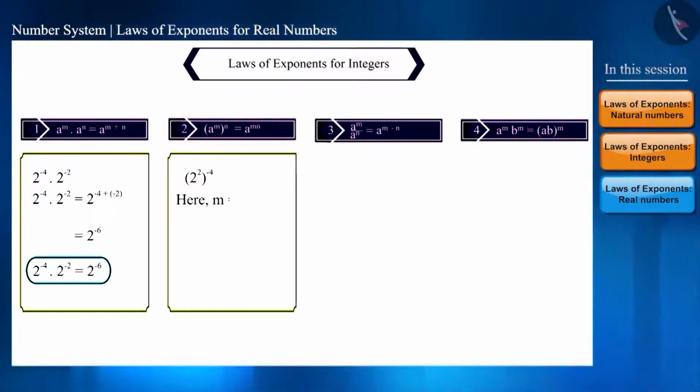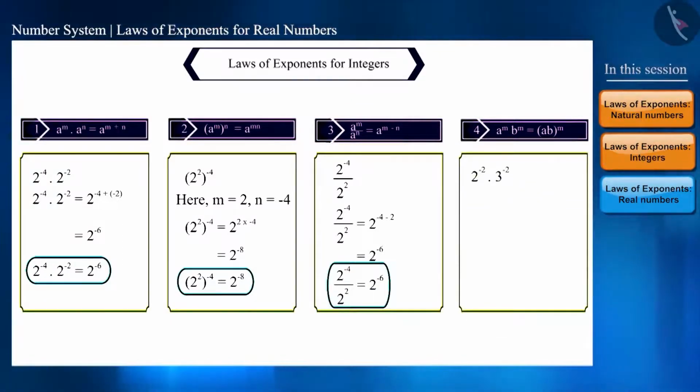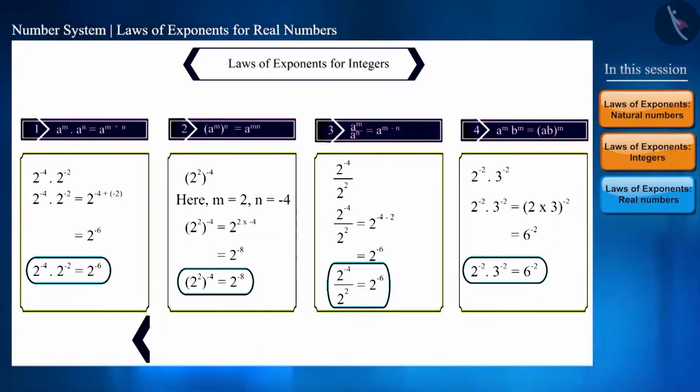It has m equals 2 and n equals minus 4. So we multiply both the powers and write it as 2 raised to the power minus 8. And here we use the third rule. So we get 2 raised to the power minus 6. In this example, using the rule, we multiplied 2 by 3 and got this result.